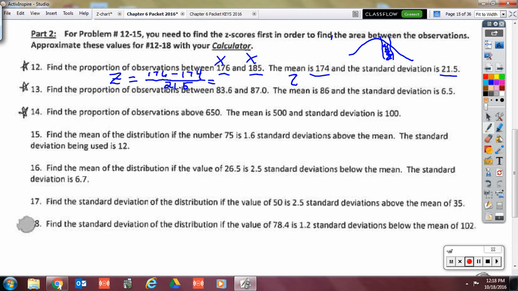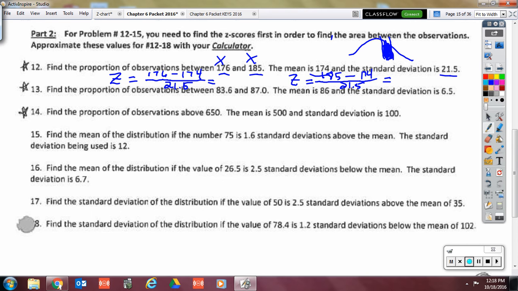And then I'm going to do the same thing for the 185 X value. So I find each one of those Z scores, and once I find those Z scores, then I can go look at my chart and locate that area in that section.